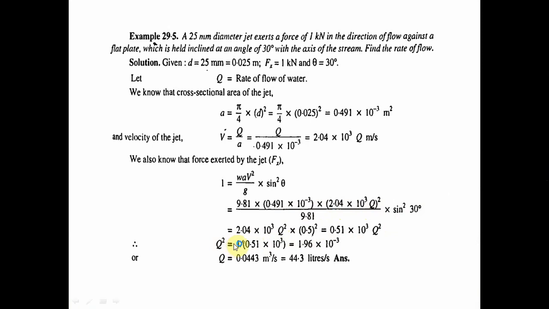Therefore Q square is equal to 1 divided by 0.51 into 10 raised to 3, that is equal to 1.91 into 10 raised to 3. Therefore discharge Q is equal to 0.0443 cubic meter per second, that is equal to 44.3 liters per second.